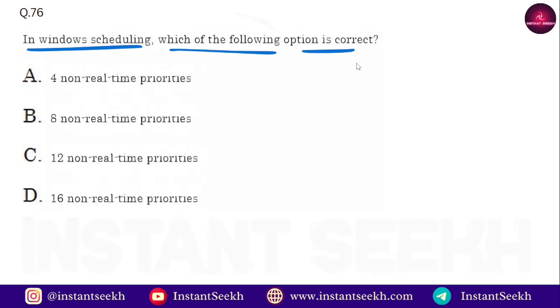Once again, what is Windows scheduling? Windows scheduling uses a priority-driven preemptive scheduling algorithm. And in Windows operating system, there are 16 different priority levels for non-real-time tasks. These priority levels range from 0 to 15, where 0 indicates the lowest priority and 15 indicates the highest priority.